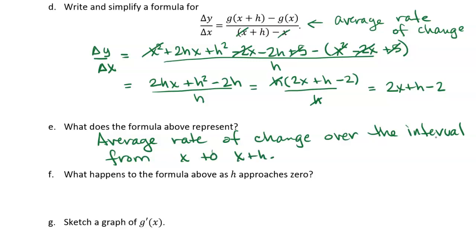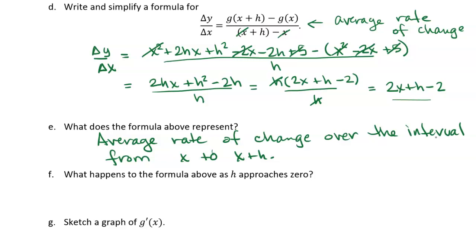All right. So now let's take a look at what happens as h approaches 0. As h gets closer and closer to 0, h is the difference between x plus h and x, right? It's the delta x value. So I'm letting that delta x become smaller and smaller, and we can actually go to 0 when the formula is in this form.